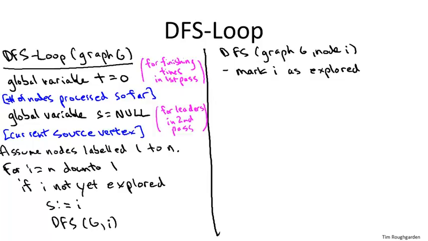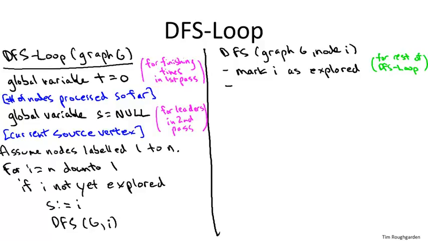Okay, so even if this DFS from a given node i finishes and then the outer for loop marches on and encounters i again, it's still going to be marked as explored. Now, one of our bookkeeping jobs is to keep track of from which vertex did the DFS that discovered i get called. So when i is first encountered, we remember that s was the node from which this DFS originated. And that, by definition, is the leader of i.